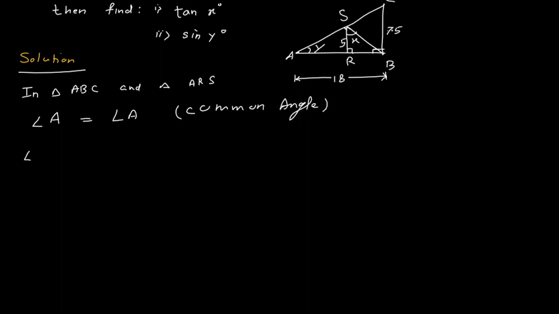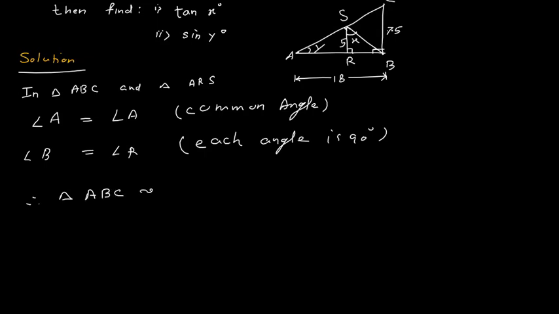Angle B is equals to angle R, each angle is 90 degree. Therefore, I will say triangle ABC is similar to triangle ARS by angle criteria or angle test.